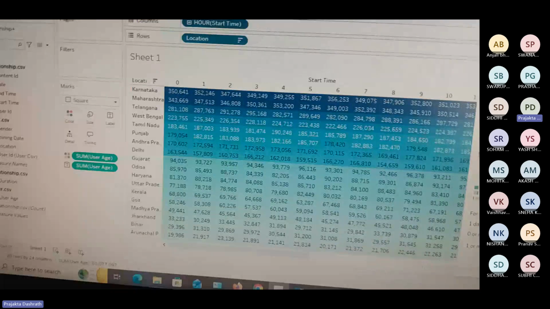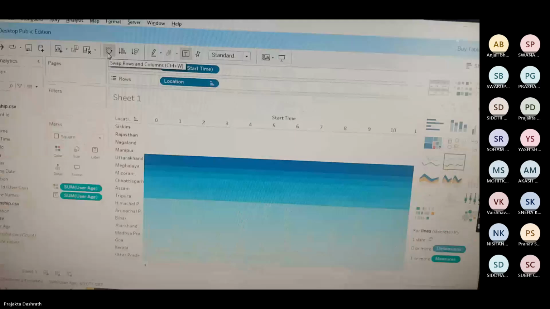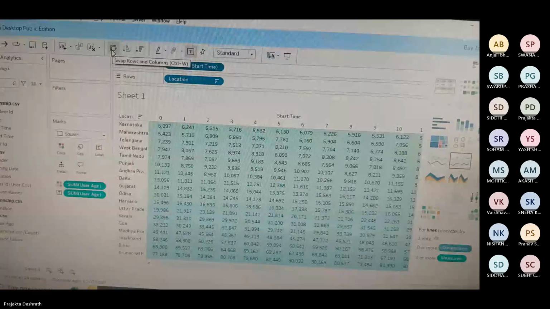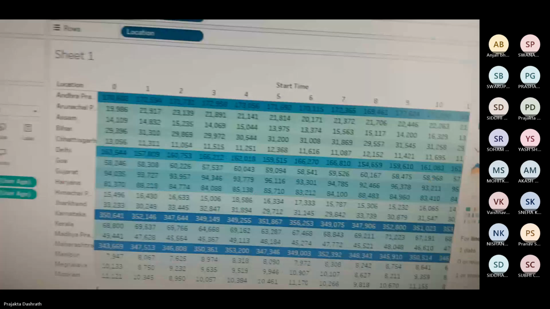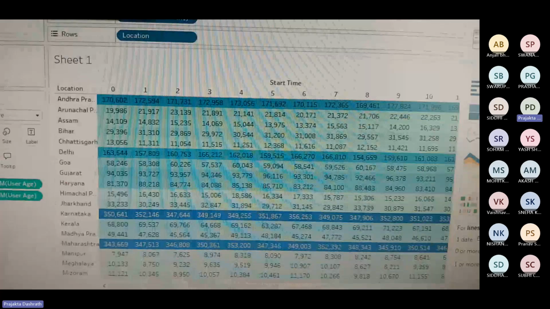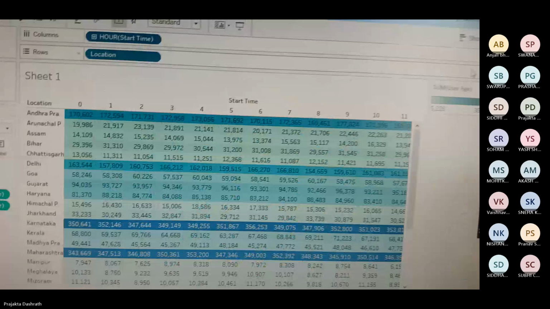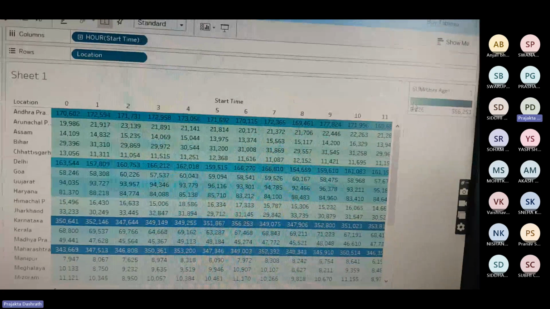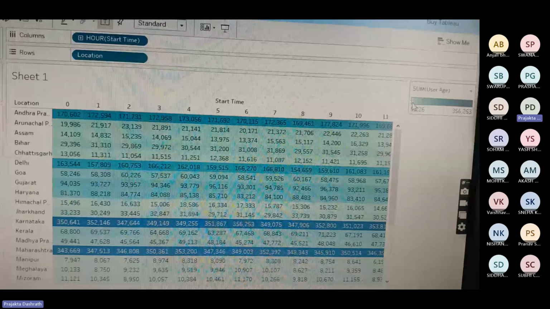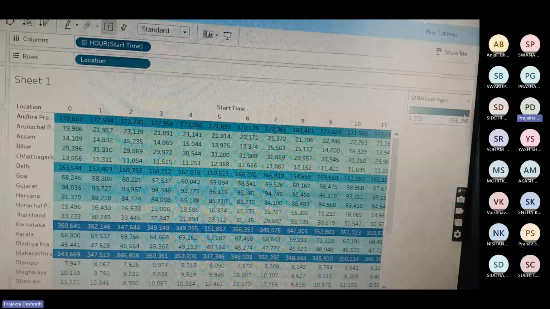And we will go for the previous one. This was the previous. Yes. And if I click on this, then the lower end will be with lighter shade and the higher ends will be with darker shades.